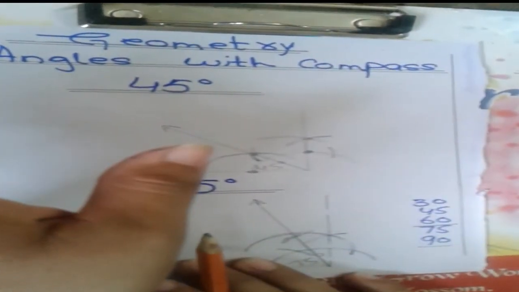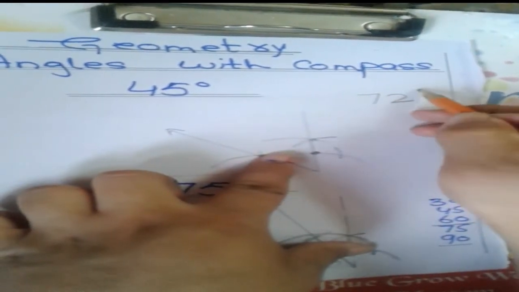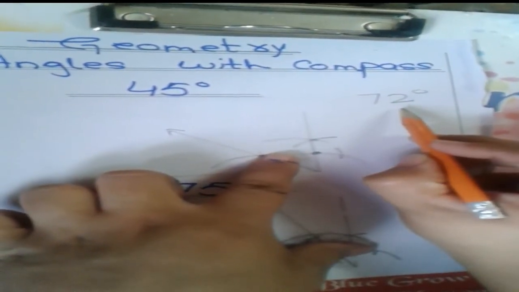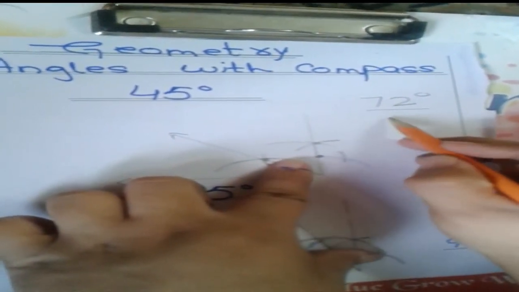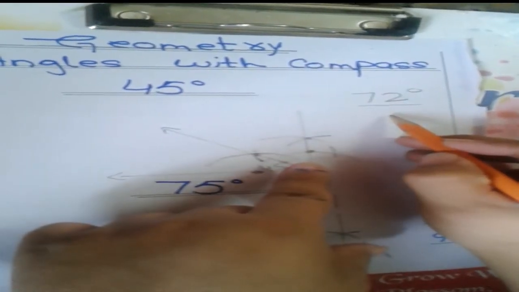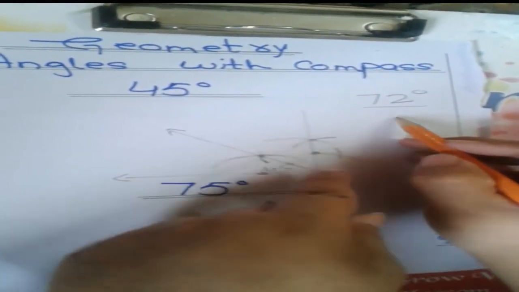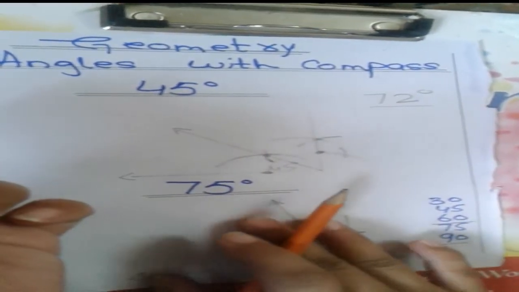And those angles which are not in the table of 15, for example 72 is not in the table of 15, these angles can be drawn with the help of protractor. Now do your homework, exercise 10.3, which is construction of a triangle.